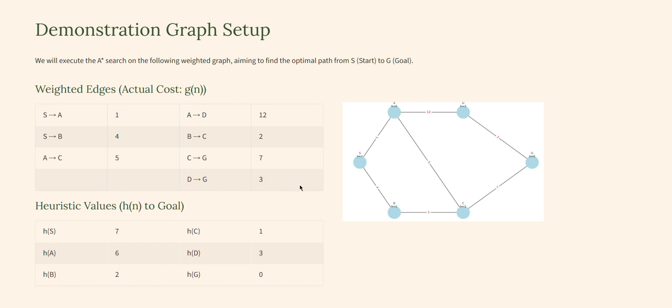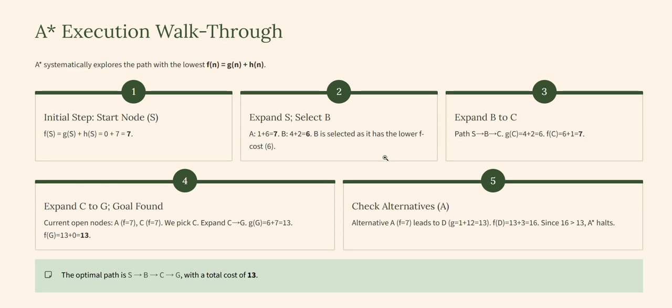And here's a demonstration of how we calculate it by using the formula f of n is equal to g of n plus h of n. We are calculating the paths mentioned in the tabulation. Here the calculation begins. We start from the start node, where g of s plus h of s: the starting node has 0 as the path cost, and the heuristic function is 7.